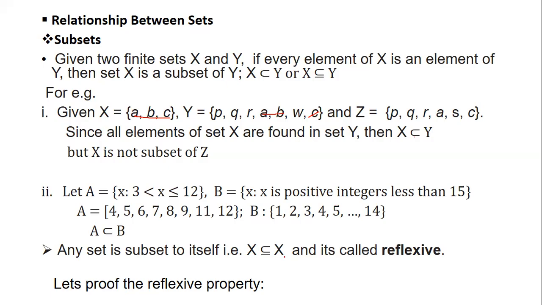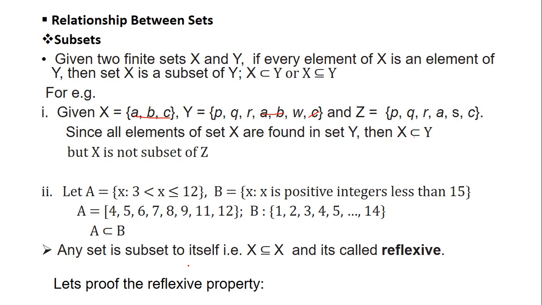Now, if you look at the next point, we are saying that every set is a subset of itself. You mentioned this one when we were doing the power set. We said the null set and then the set A itself are part of the power set. So we are saying that every set is a subset of itself, which is true.